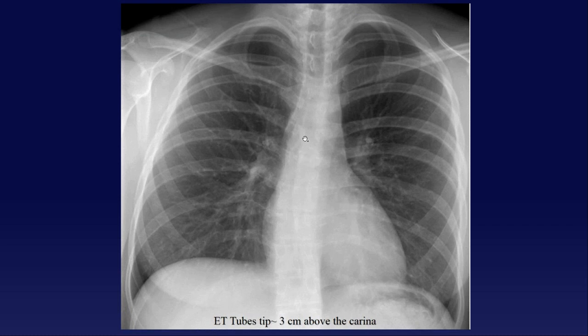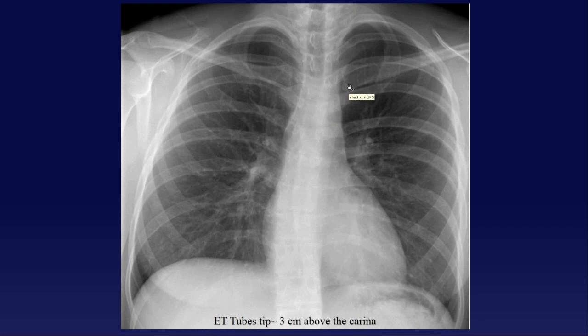The carina is right about there, okay, and the thoracic inlet's right here. So most ET tubes should be about 3 centimeters above the carina, right there. Generally speaking, about halfway between the carina and the clavicles.